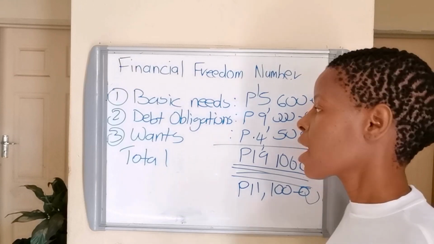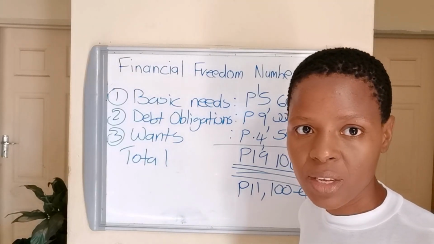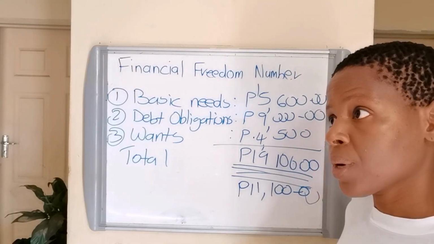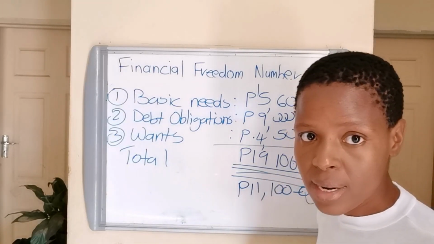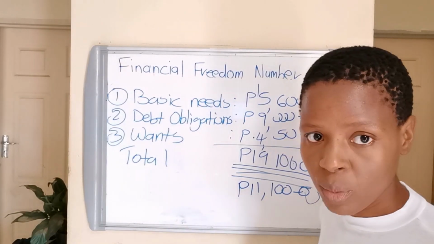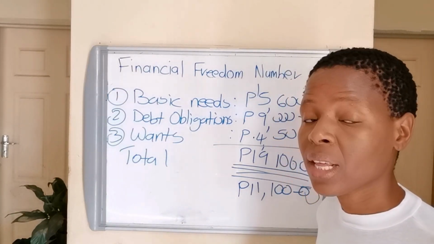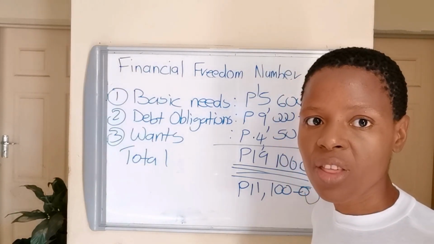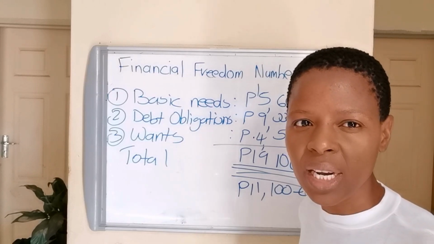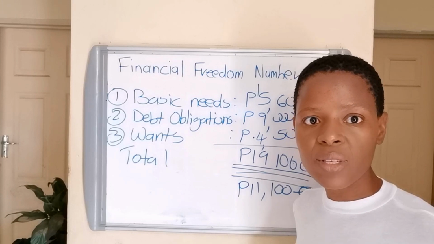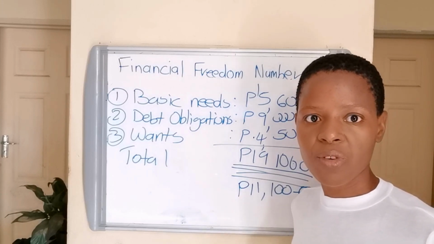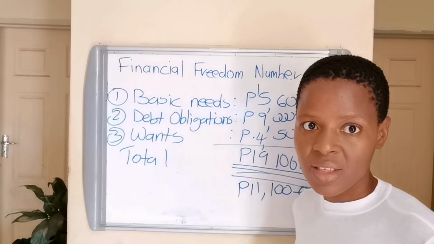So in my case, my financial freedom number is 30,000. 30,000 is inclusive of my basic needs, inclusive of my debt obligations. I've got only one debt obligation, and that's the biggest, around 11,000. So if I can get rid of that 11,000, I'm going to say 30,000 minus 11,000, then my financial freedom number is only 19,000.